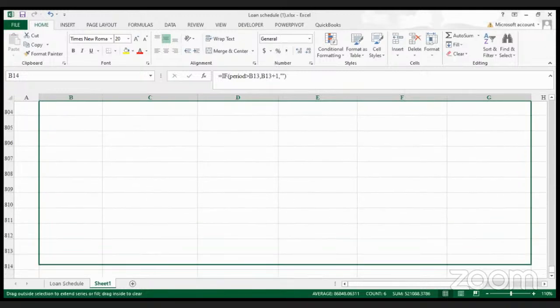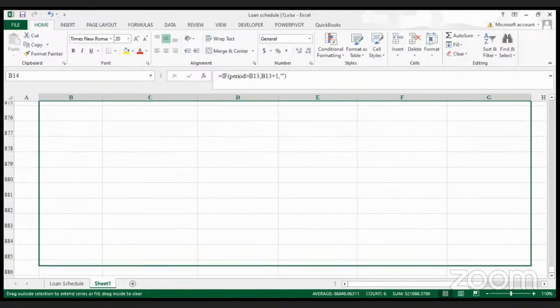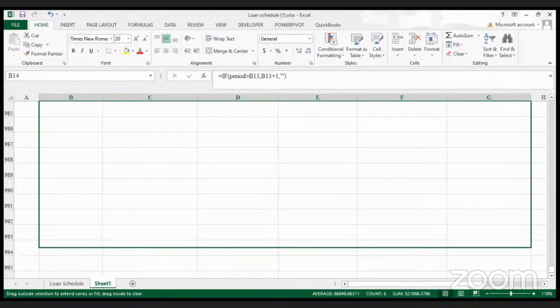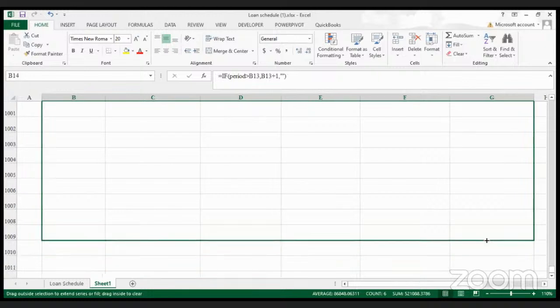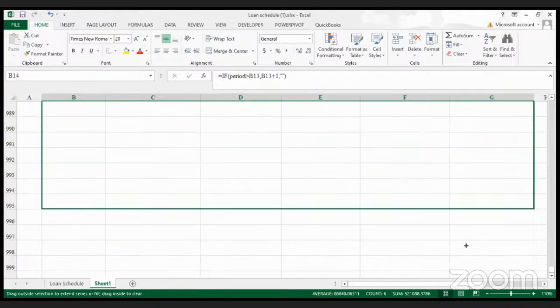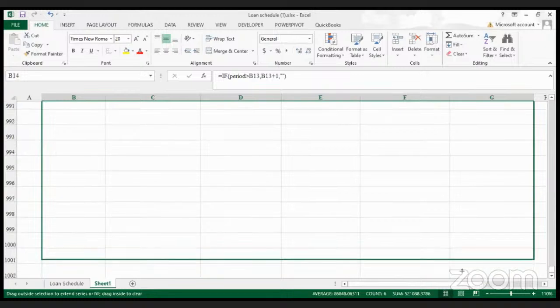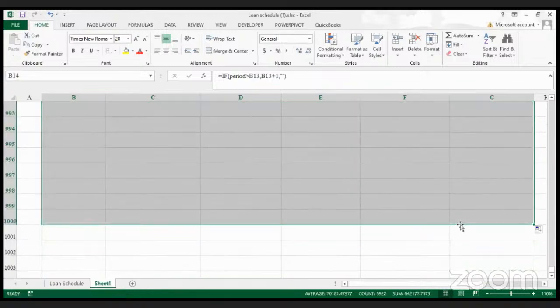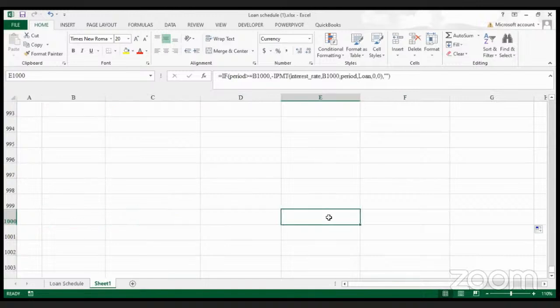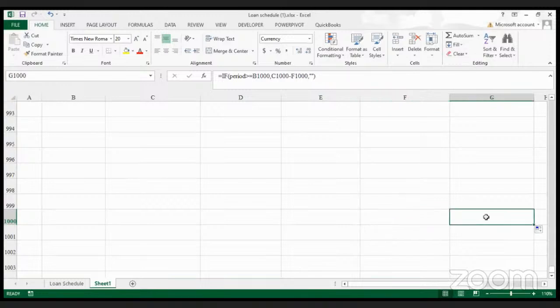Let's do it up to 1,000 rows and see what will happen to our loan schedule. The formula is already in these cells, as you can see, but there are no values because the loan has not reached that part.